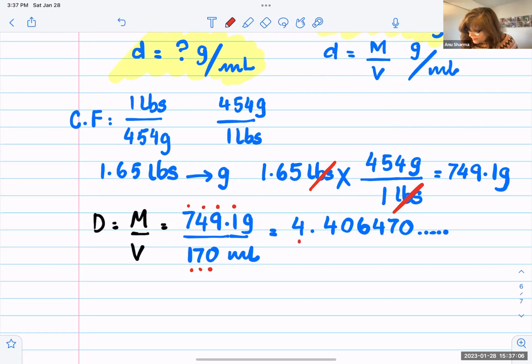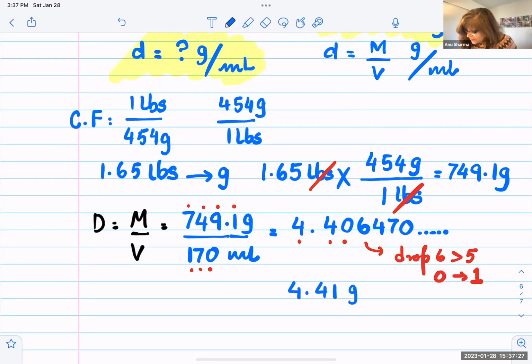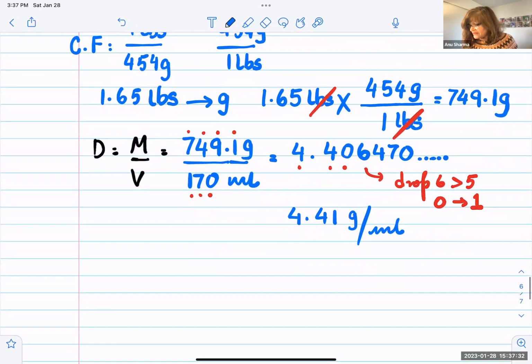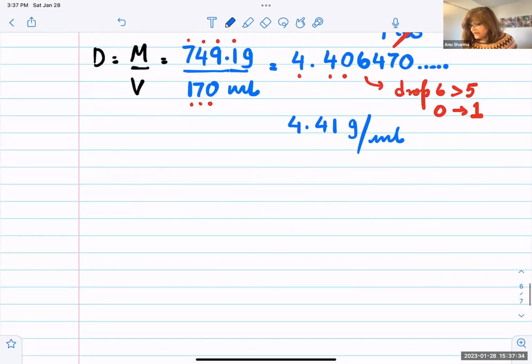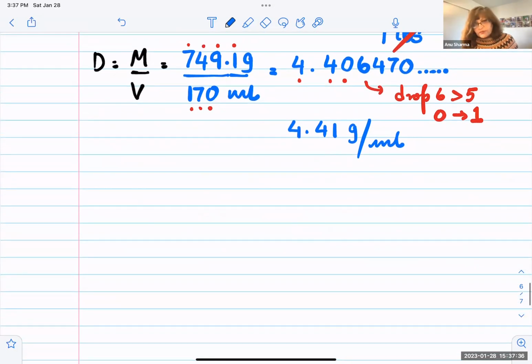We keep 1, 2, 3 and drop the 6, and because 6 is more than 5, the 0 becomes 1. So this becomes 4.41 grams per milliliter.